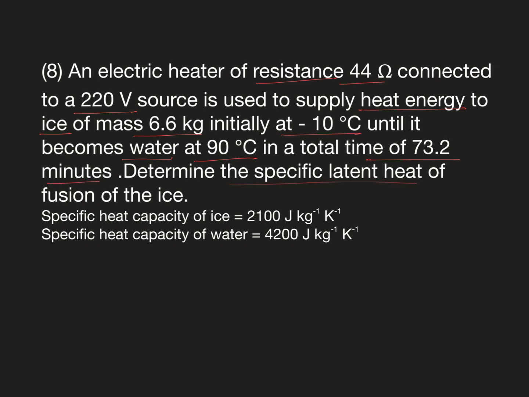Determine the specific latent heat of fusion of the ice. Specific heat capacity of ice is 2100 joules per kilogram per Kelvin. Specific heat capacity of water is 4200 joules per kilogram per Kelvin.